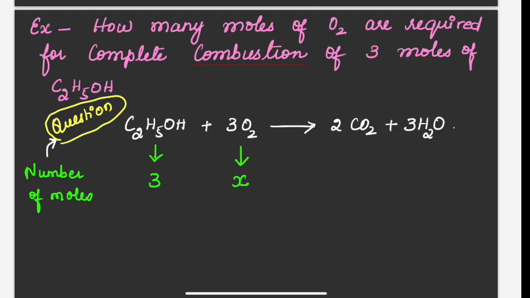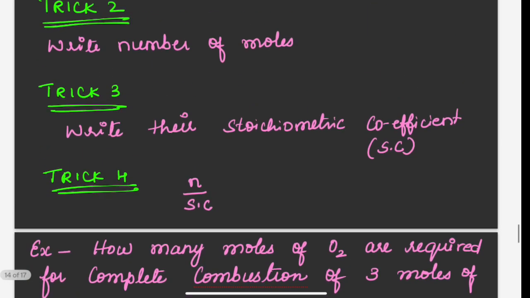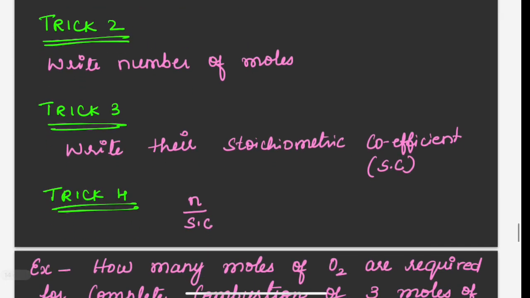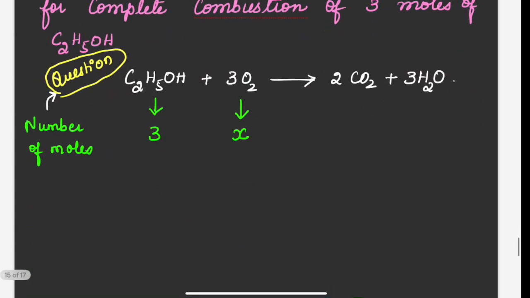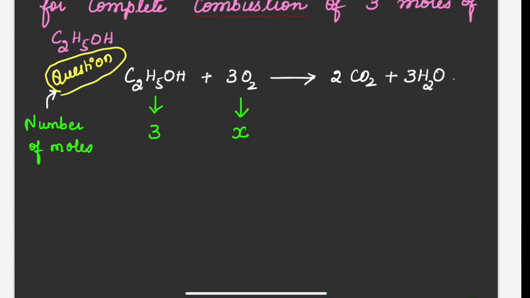Now what is the third trick we are going to use? Trick number 3 is write their stoichiometric coefficient. What is the stoichiometric coefficient? You have to see the number which is present adjacent to the compound or molecule. Here you have ethyl alcohol. What is the number which is present here?